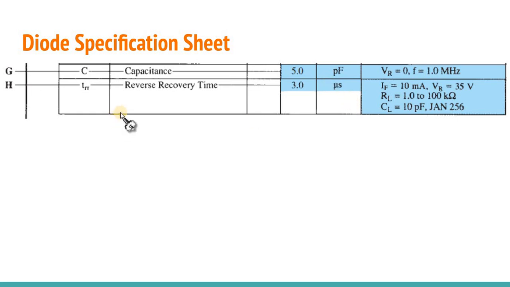And then reverse recovery time. So forward current is 10 milliamp, and then reverse voltage is 35 volts, and then the resistive load is between 1 to 100 kilo ohms, and then ang iyahang capacitive load is 10 picofarad.